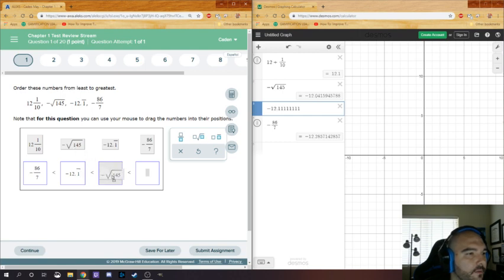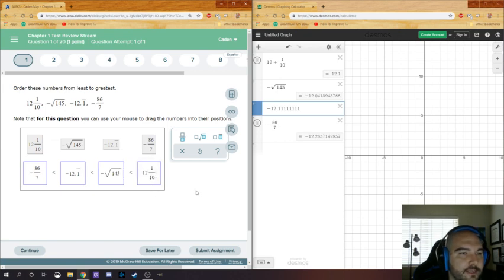Then negative 145 in the square root there. And then last 12.1, this is the obvious maximum because the rest were all negative. This positive one's got to be, you know, the most. So the way I did this is I converted them all in Desmos to decimals. And I compared the decimals. Just be super careful because like on mine, I wanted the most negative thing to go first.